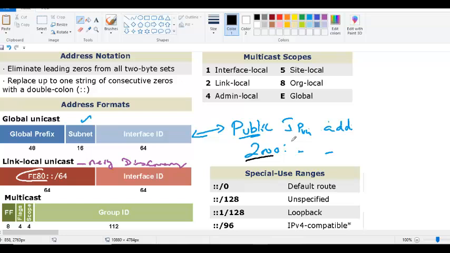Global unicast addresses are 2000 series used by the users to communicate. Link local addresses are used by the devices to discover neighbor. And they always start with FE80 only. That's the reservation done, FE80.